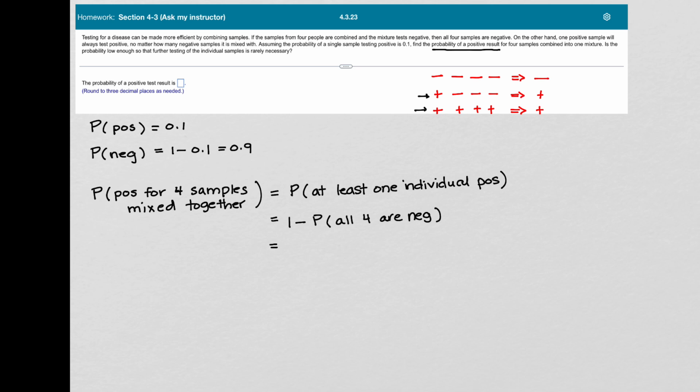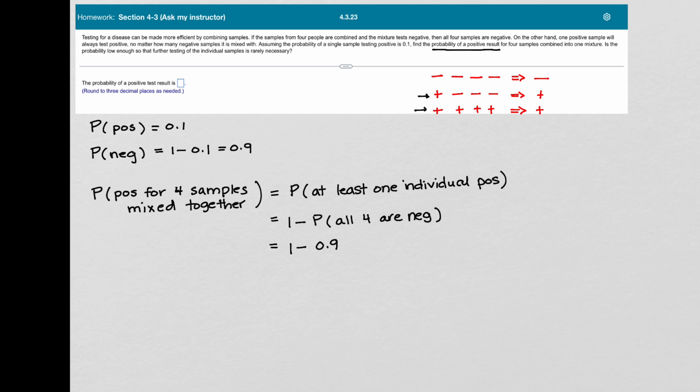So, because we are assuming this is testing with independence, that means that it wouldn't be a family of 4 all coming in and having their samples mixed together, because then we'll change the likelihood of getting a positive result. So one person being positive might make it more likely for a second person to be positive. So we're assuming that these are independent, and probability of getting the first one negative is going to be 0.9.